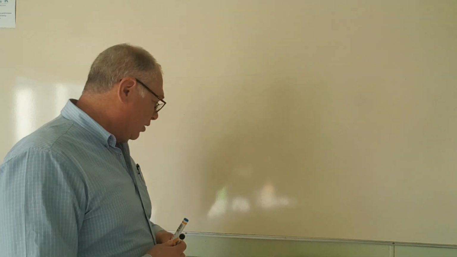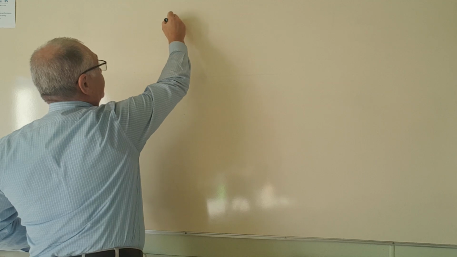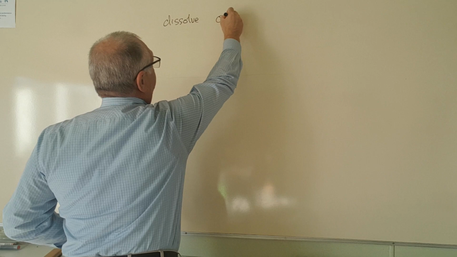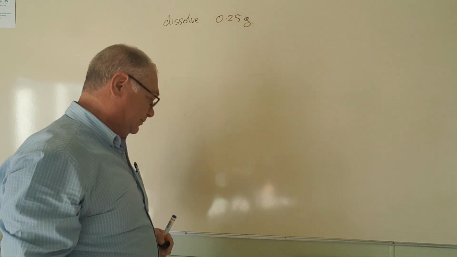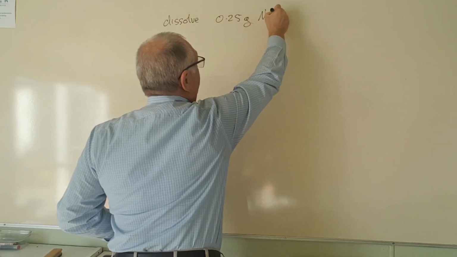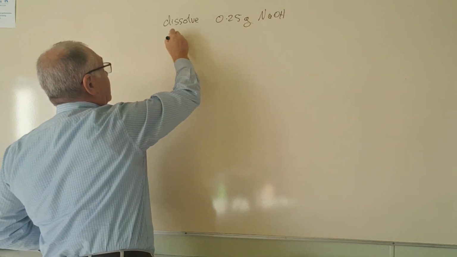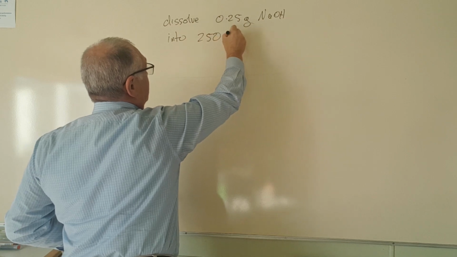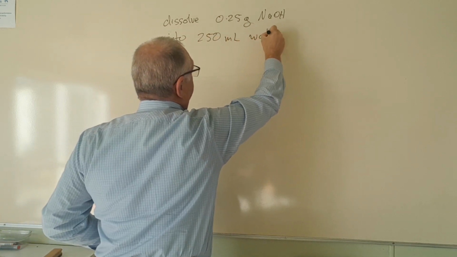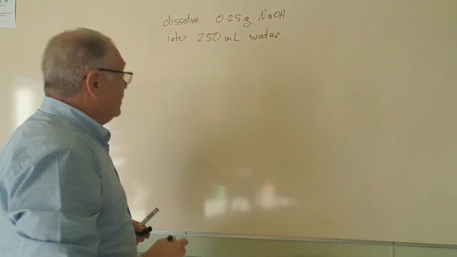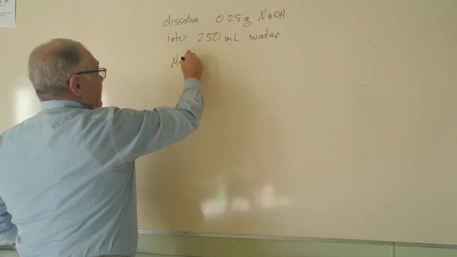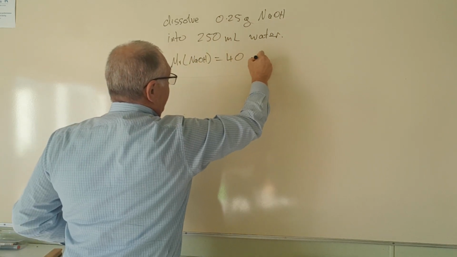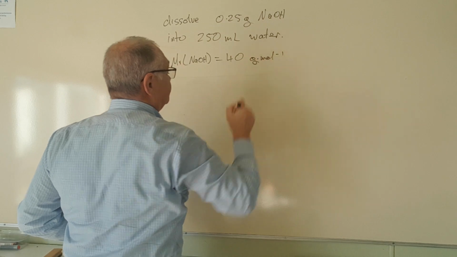Let's say that I dissolve 0.25 grams of sodium hydroxide into 250 millilitres of water. I'm told that the molar mass of the sodium hydroxide is 40 grams per mole.